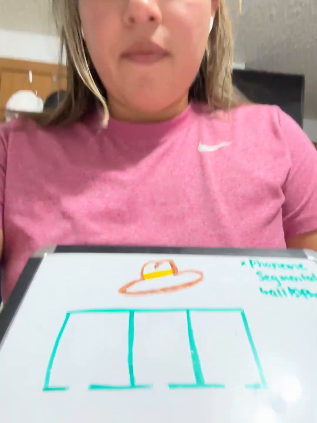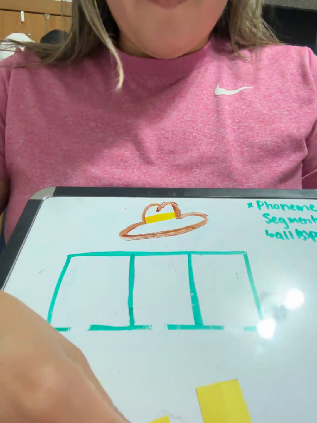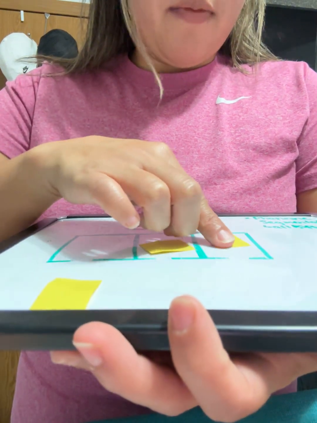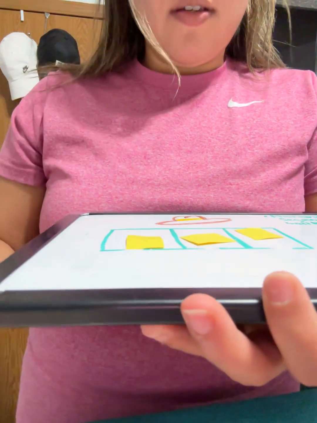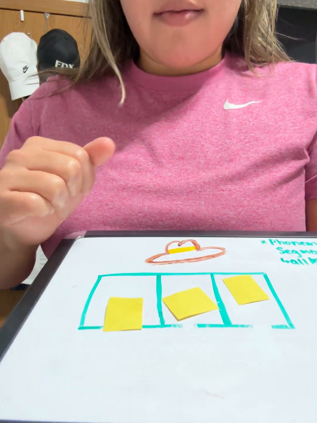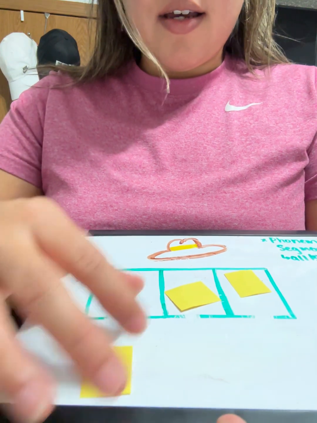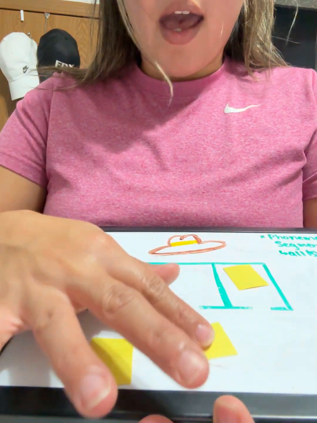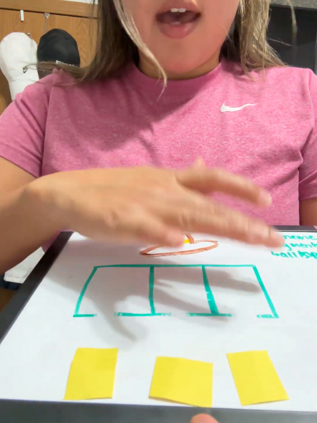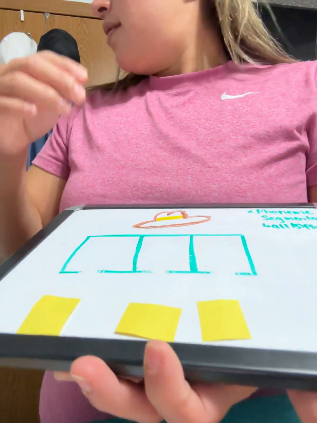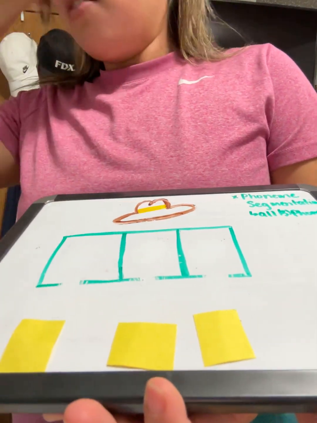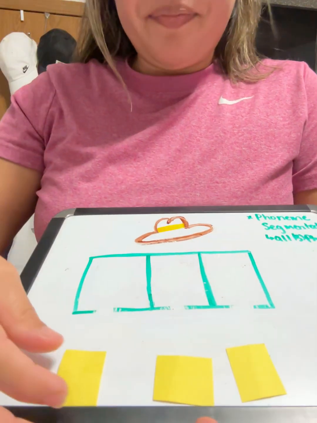As we have here, I drew a picture on a dry erase board. So this is phoneme segmentation. So hat, stretch it out, hat, excuse me, I'm so sorry.